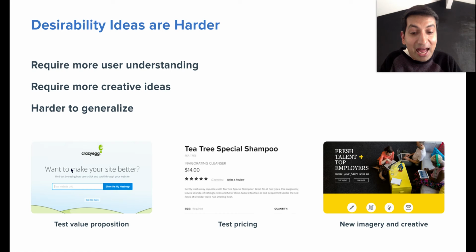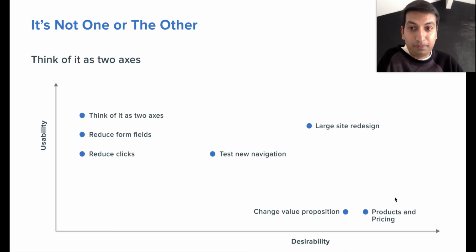So even if the actual web UI is the same, let's say there's a terrible cart experience, you can't find buttons, things are below the fold or what have you, if you increase with certain value propositions or pricing, right, or imagery that gives the brand and the product a certain feel, you can increase the desire of the customer to check out regardless of whether your site has friction.